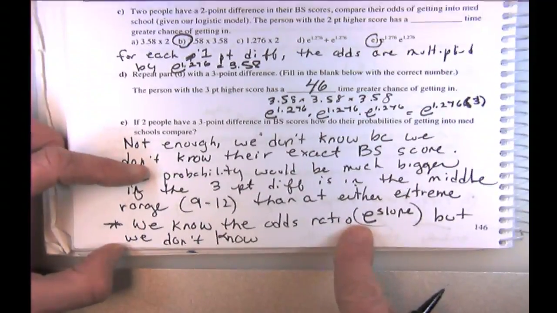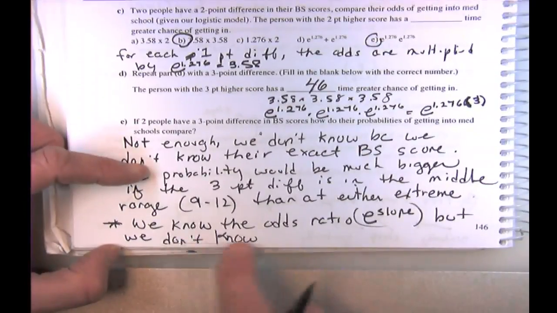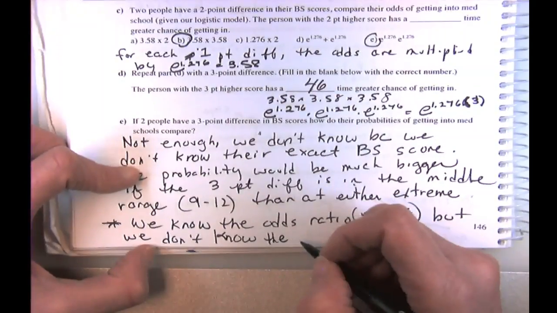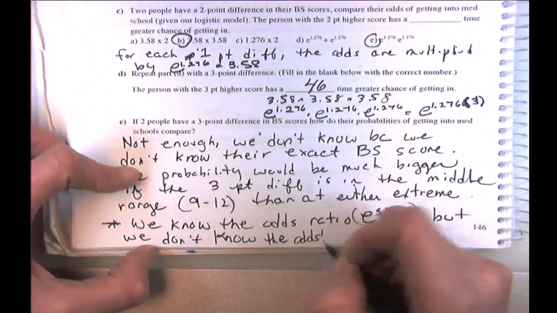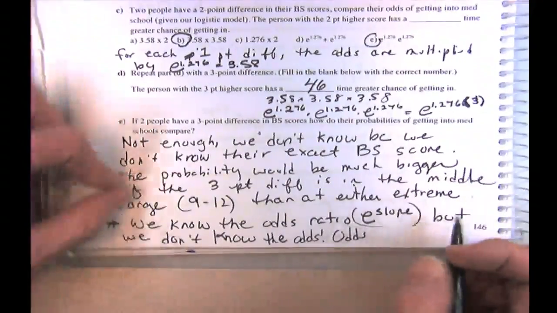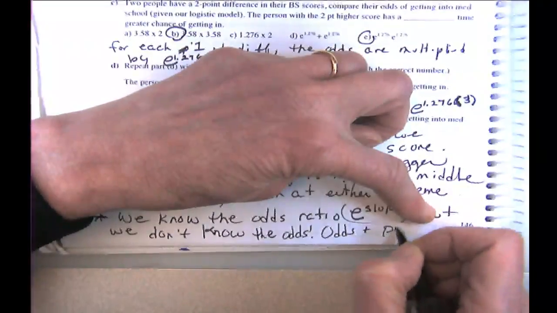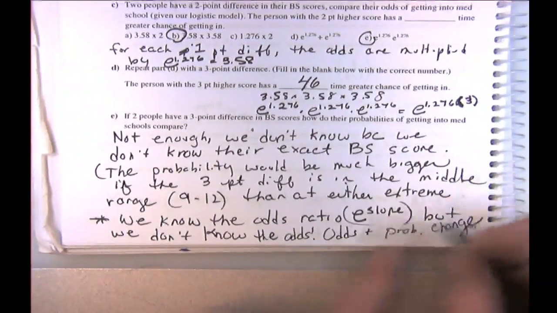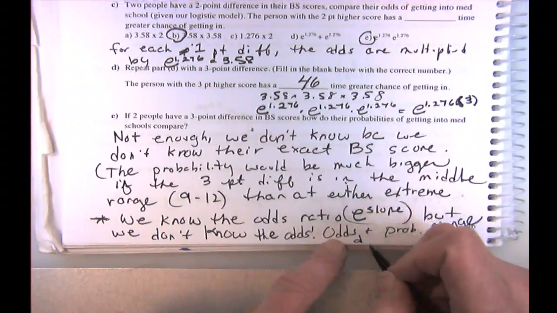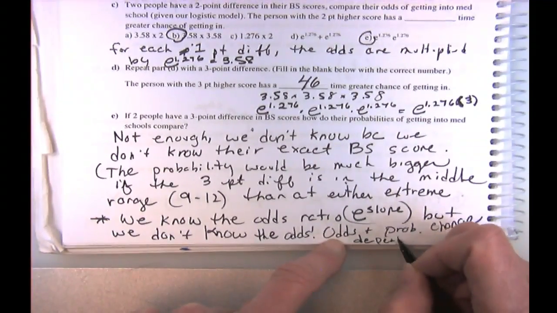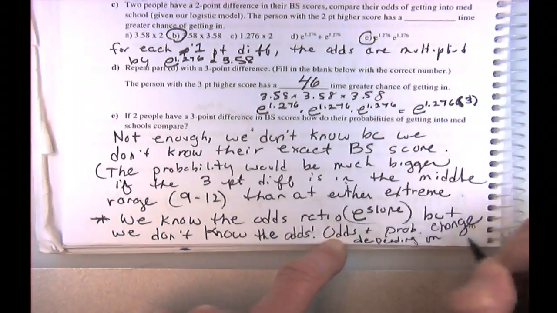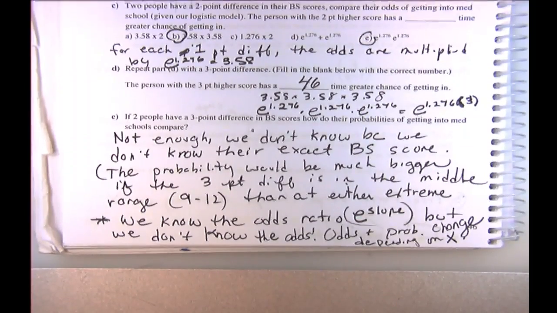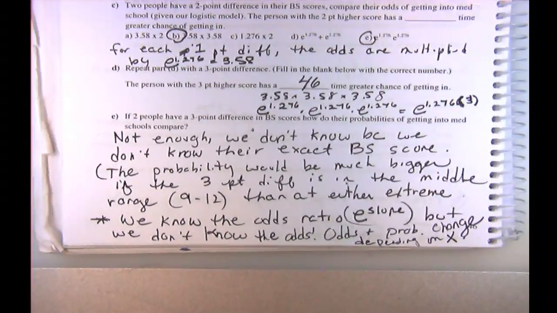We know the odds ratio, so don't get that confused, but we don't know the odds. The odds and probability change depending on x. But the ratio is the same. That's the point. That's why people talk about the odds ratio all the time instead of the odds, because you can get that constant odds ratio even if you don't know the particular probabilities.